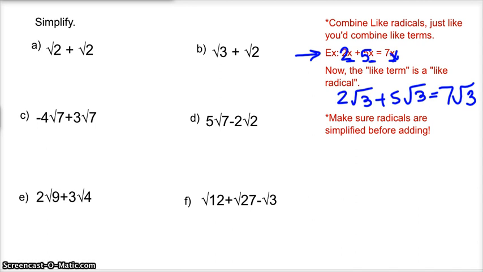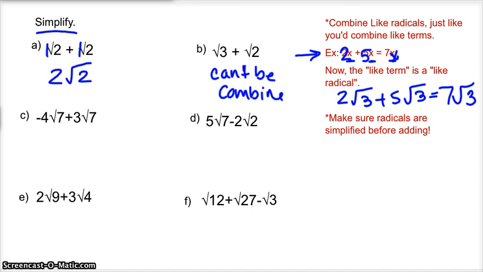So problem A. There's really ones in front. 1 square root 2 plus 1 square root 2 is 2 square root 2. We are simply combining like terms. Letter B. Mentioned in the previous slide, these aren't like terms, so they can't be combined. When you talk about simplest form and simplify, well, it is as simple as it could go, because they can't be smushed together.